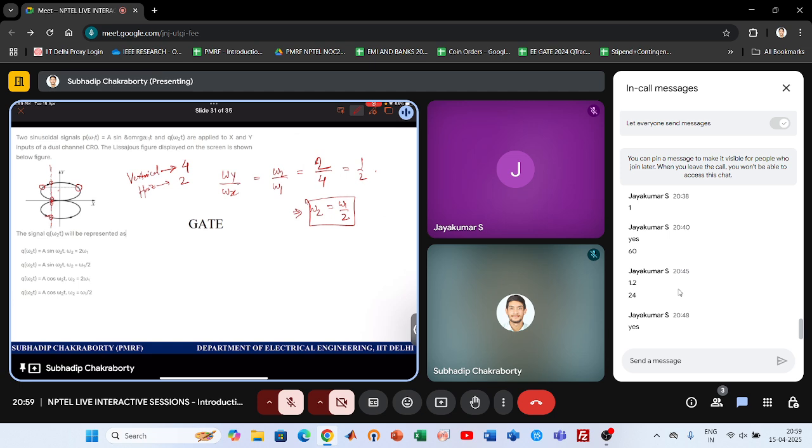And another piece of information they ask about is the phase shift. Phase shift is nothing but sine inverse. See here, the extremum height and the intersection height are both the same, right?